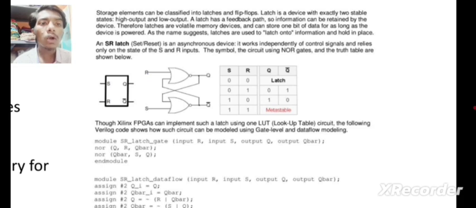If you give S as 1 and R as 0, the output Q is 1 and Q dash is 0. And the next is if you give the inputs as 1 1, the Q and Q bar are metastable.